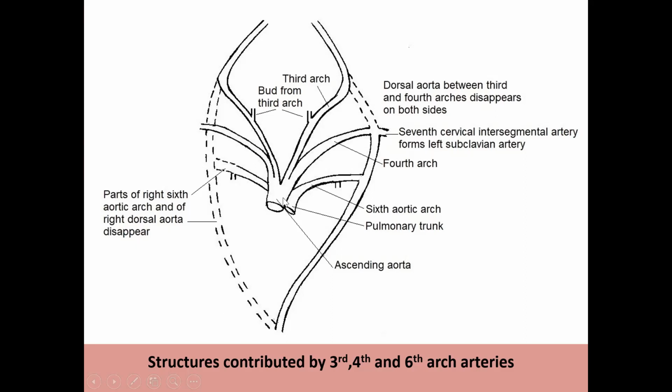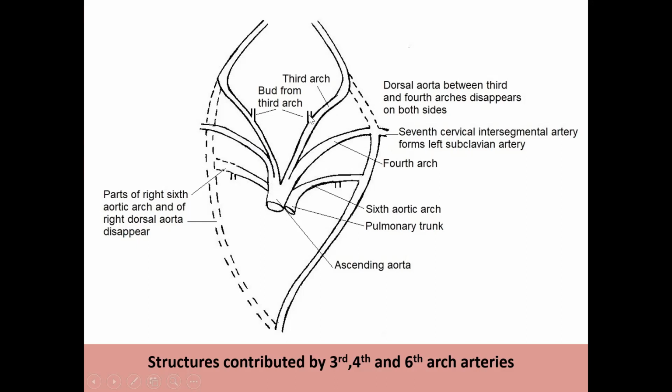On the left side, the left horn of the aortic sac gives rise to the arch of aorta along with the left fourth aortic arch. This seventh cervical intersegmental artery gives rise to the left subclavian artery, while on the left side, the third arch artery is giving rise to the left common carotid artery and left internal carotid artery.